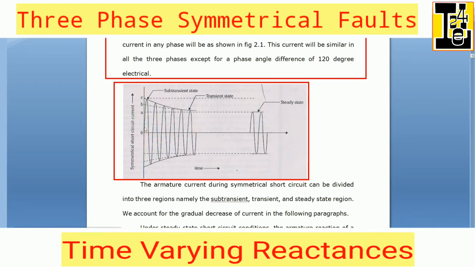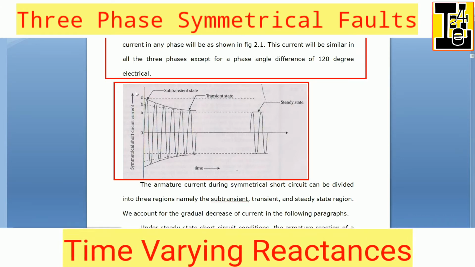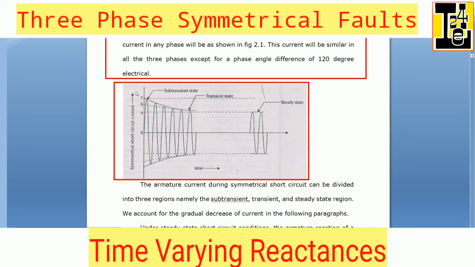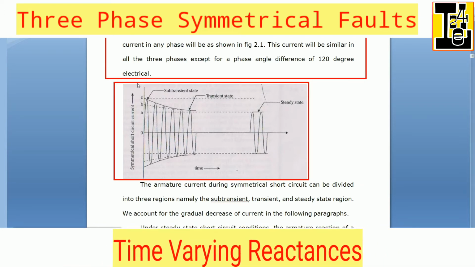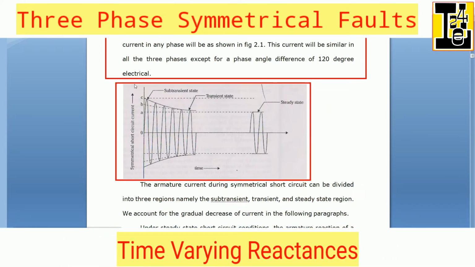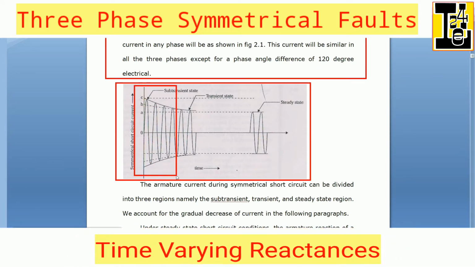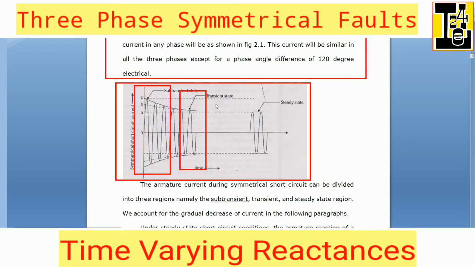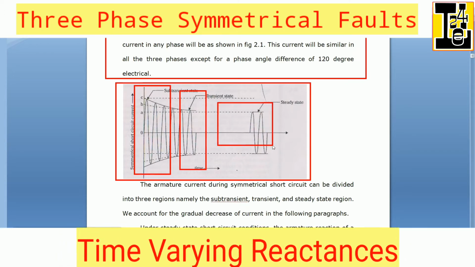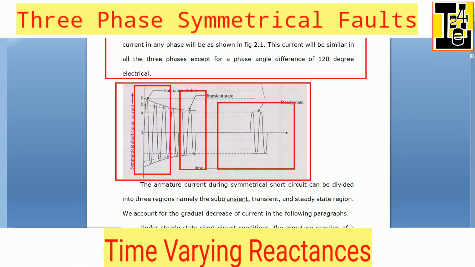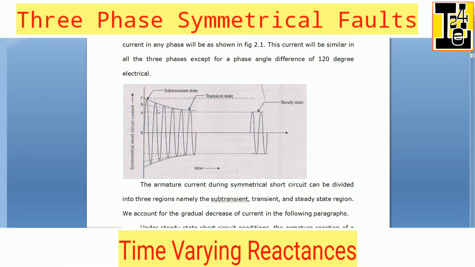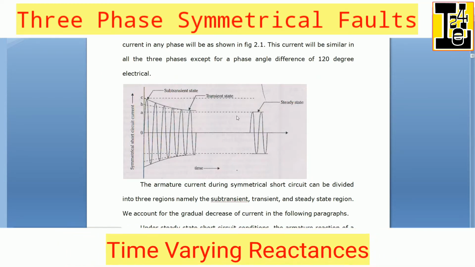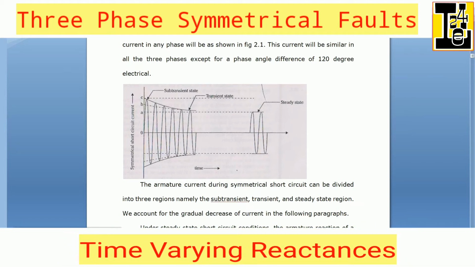Here you can observe, as soon as the fault occurs, the current rises to a higher value. This is in the subtransient state, then it reaches the transient state here, then it will come into the steady state. So hence the reactances offered in these states are the time varying reactances.